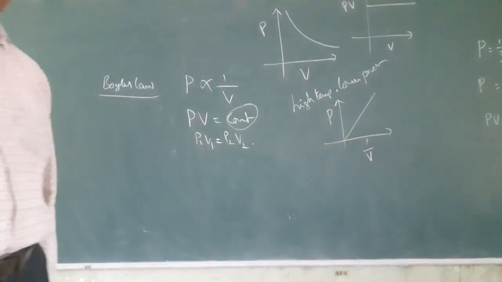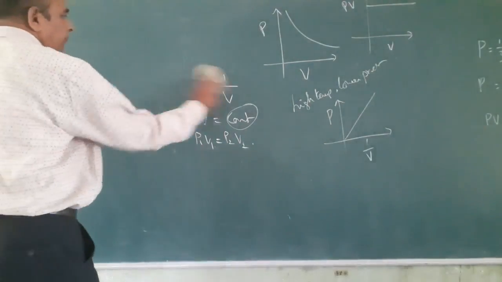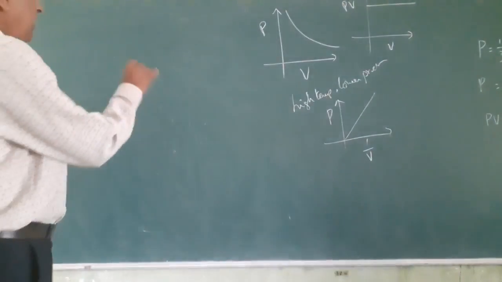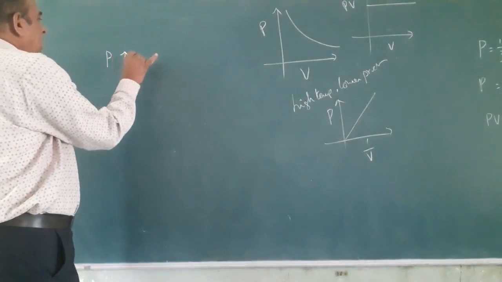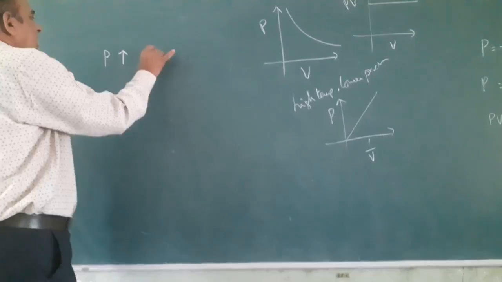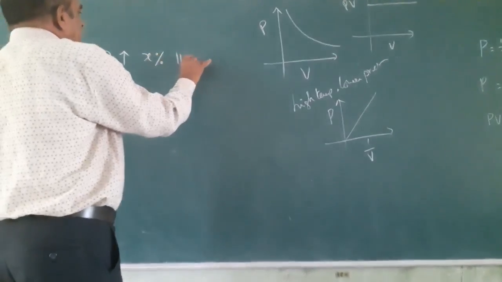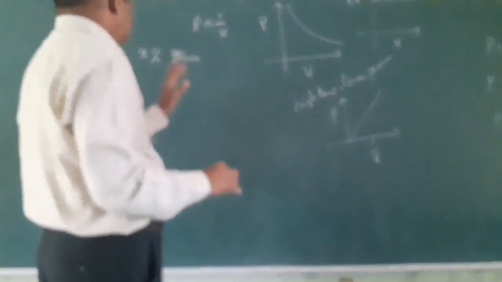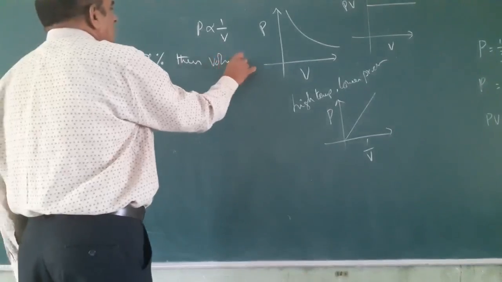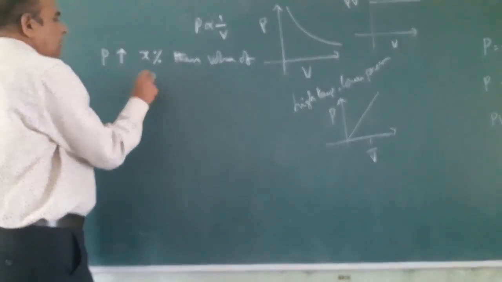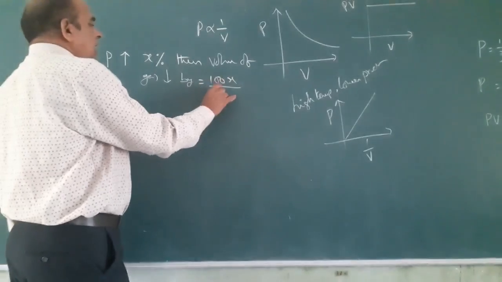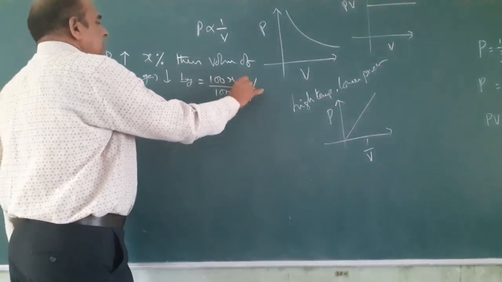Next, one problem. If the pressure of a gas is increased by x percent, then pressure increases, volume decreases, and the volume of the gas decreases by 100x by (100 plus x) percent.